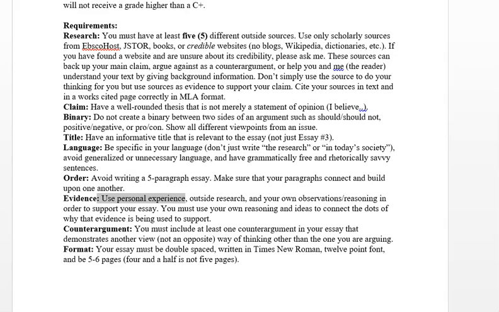So don't really do more than a paragraph or 2 of that personal experience. But my student last semester who was talking about childcare in colleges and universities had a paragraph or 2 in her paper that talked about her own experience and struggles with not being able to find childcare.